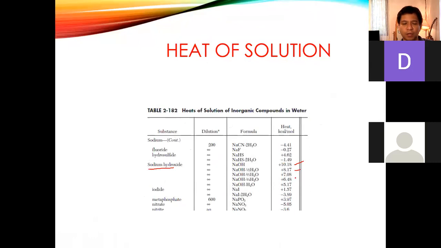So this does not follow our convention. Heat evolved ito, so hindi niya pinapasunod yung usual convention ng thermodynamics. Positive yung lumalabas pag dinisolve mo siya. So pag ginawa mo siyang crystal, babaliktarin mo yung sign nito.